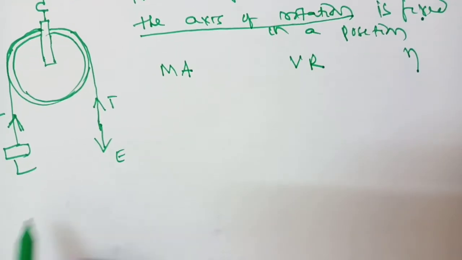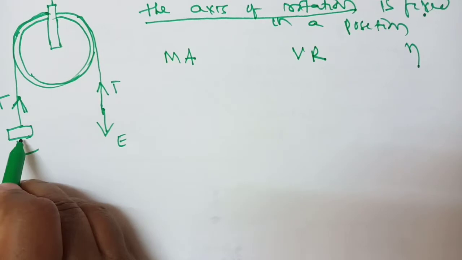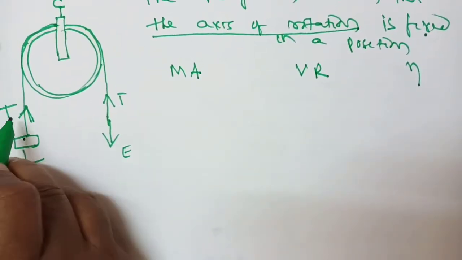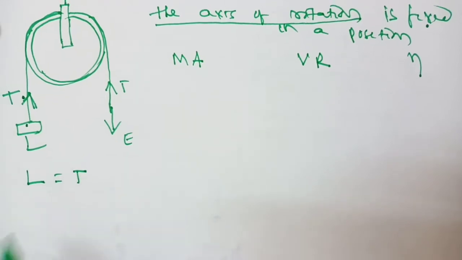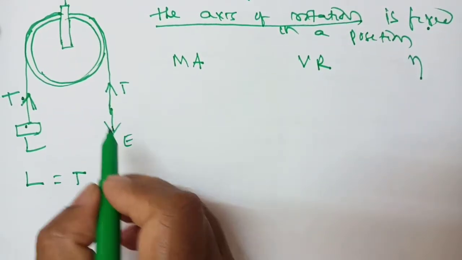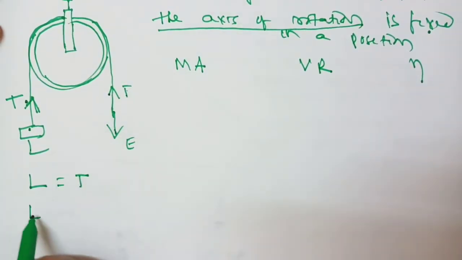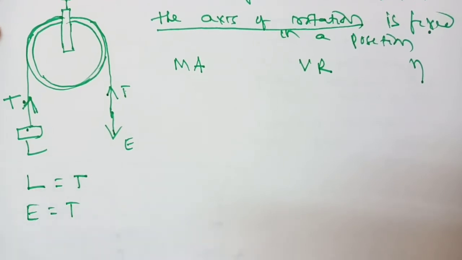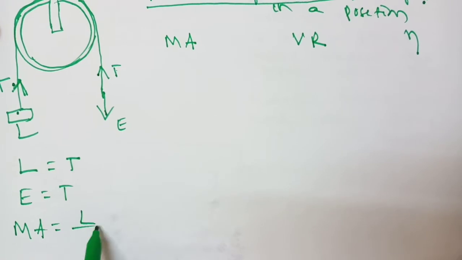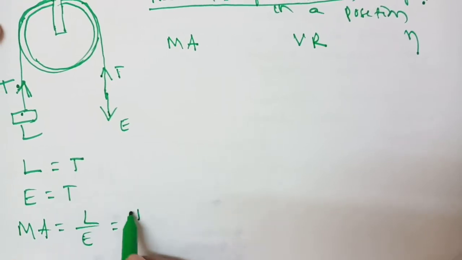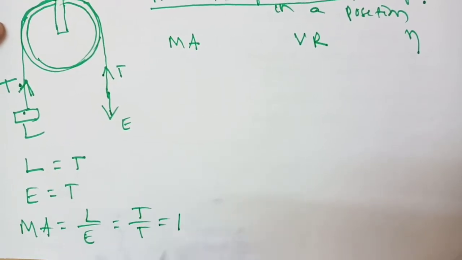So first now start. So here the load applied here, the load is balanced by one tension force. So load is equal to T. Also here see effort applying downward direction. So here effort also T. So what is mechanical advantage? MA is equal to load by effort, T by T became 1.